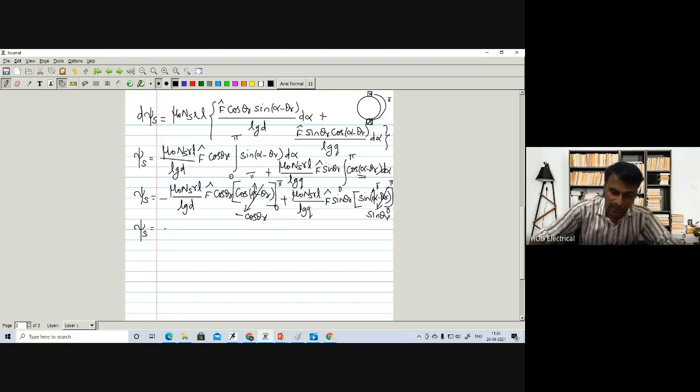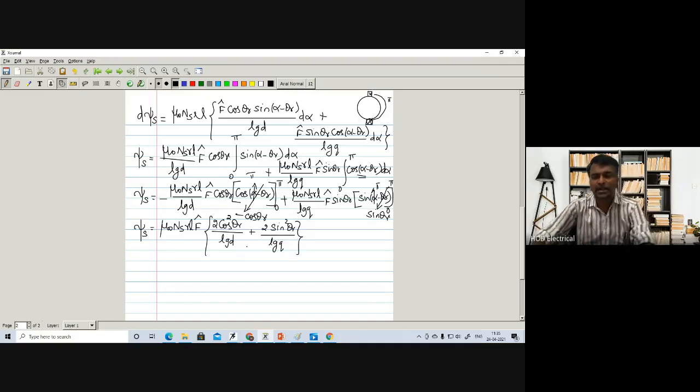Finally we can have this equation as mu naught ns r into L into f cap into 2 cos square theta r divided by LGD plus 2 sine square theta r divided by LGQ.